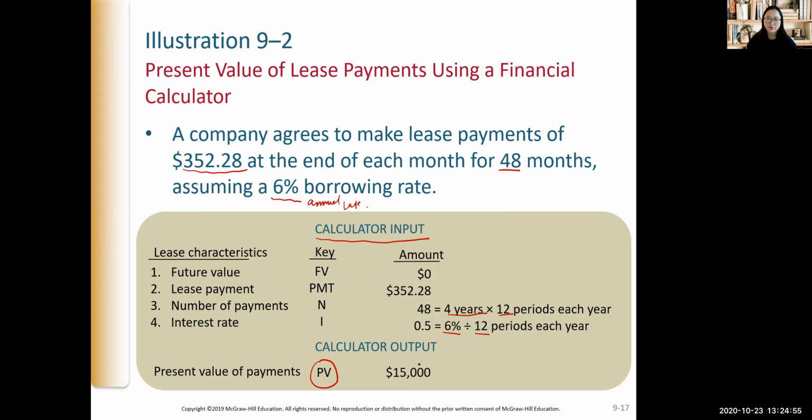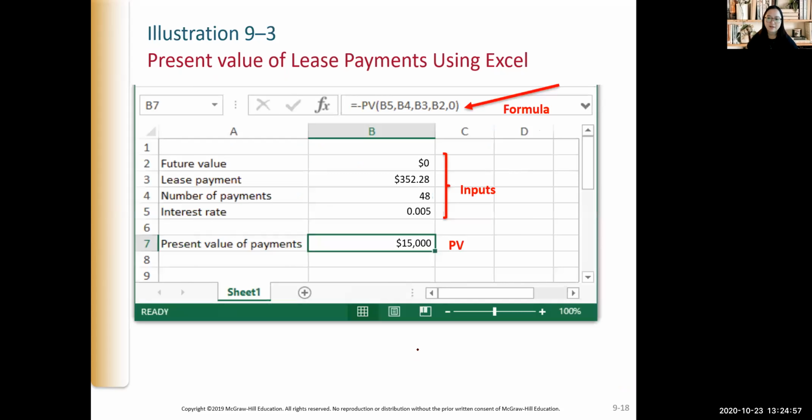And then in Excel, you can also list the future value as 0 and the lease payment as 358.28, the number of payments as 48 months, and the interest rate as 0.5%, which equals 0.005 with three digits after the decimal point, right?